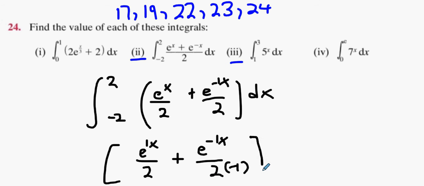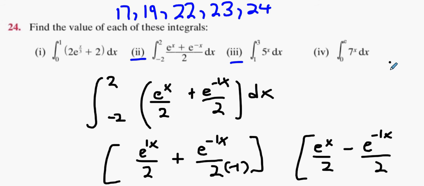Just go and adjust this really quickly. So you should get e to the x over 2 minus e to the minus x over 2. It's 1 over minus 2 again. And the two numbers you're talking about are 2 and minus 2. Right?